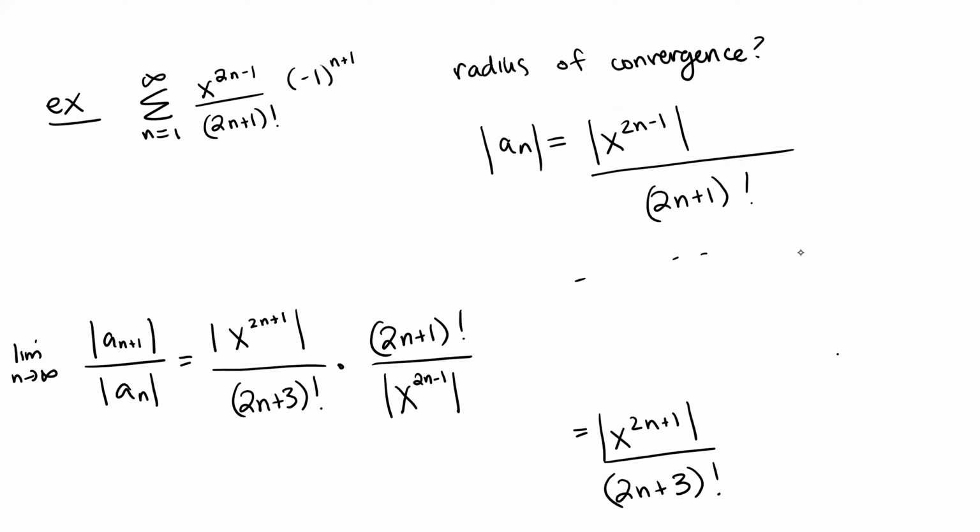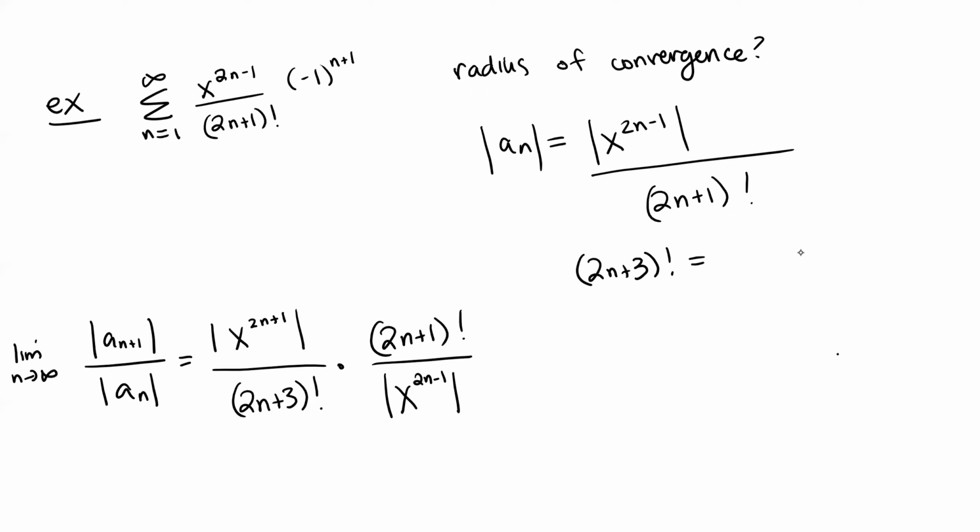All right, so let's go ahead and start to cancel some things out. Let's start with the 2n plus 3 factorial. By our definition of factorial, that's equal to 2n plus 3 times 2n plus 2 times 2n plus 1 factorial.